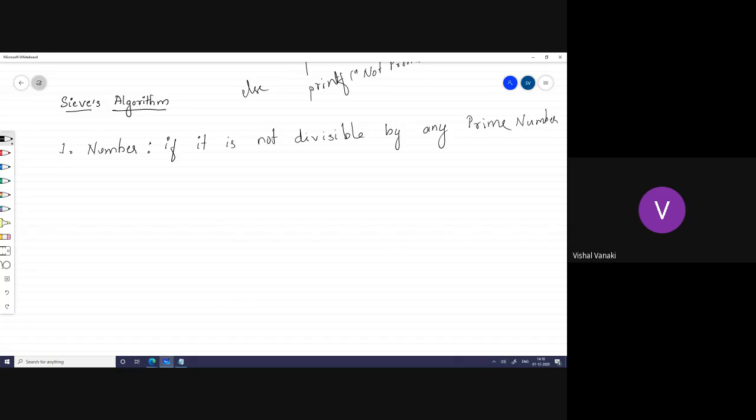So then it is called a prime number. This is what the Sieve algorithm means. Now let us see how we can utilize this algorithm to generate prime numbers up to n.